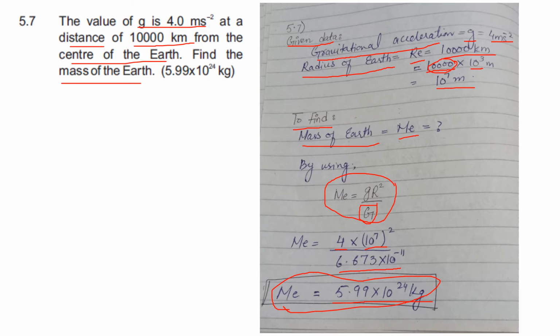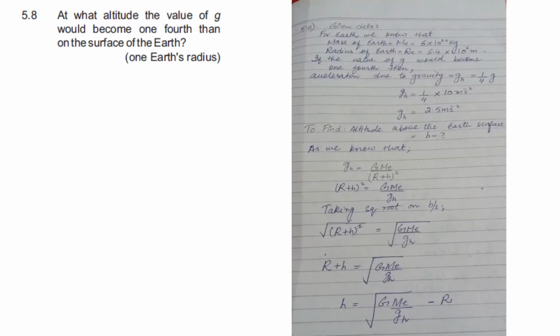So this is problem number 5.8. In this problem, at what altitude, which is basically the height, so it means we have to find out the value of h, the value of g would become 1/4 of that on the surface of the earth.